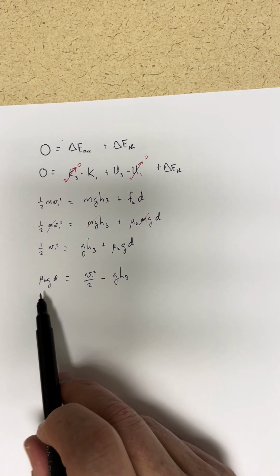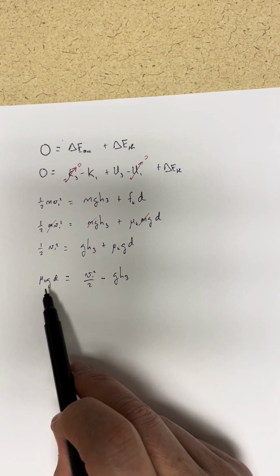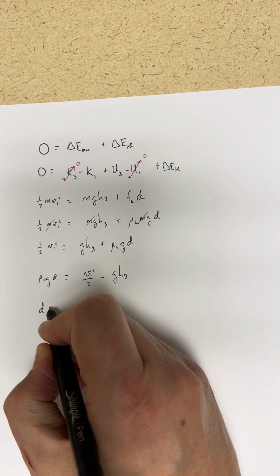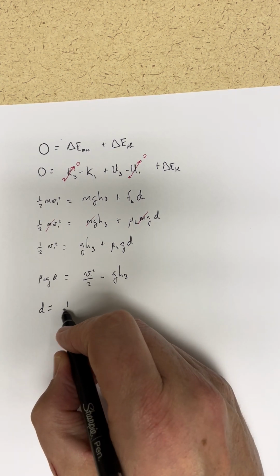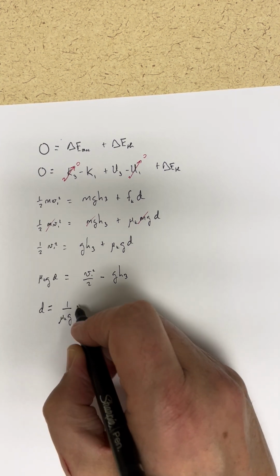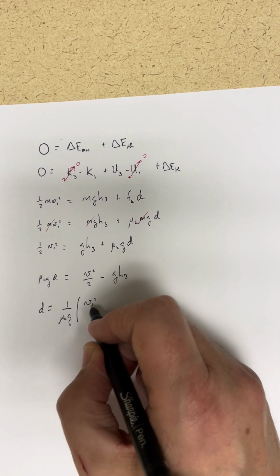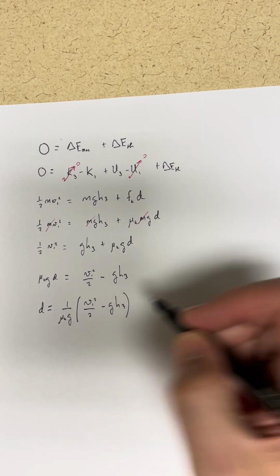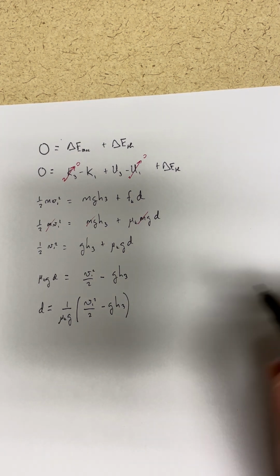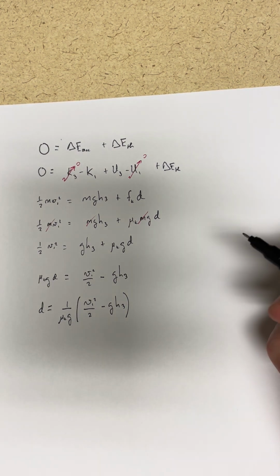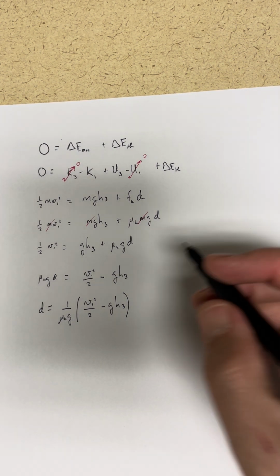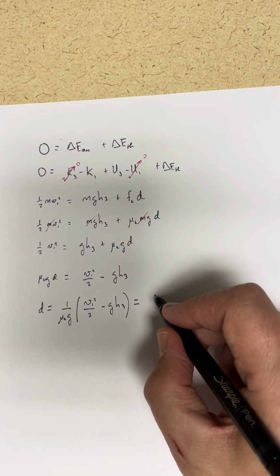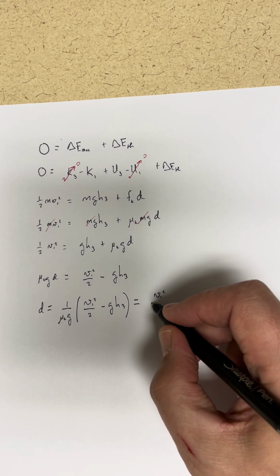And then divide both sides by coefficient of friction times g to give d by itself. 1 over mu k g times v1 squared over 2 minus g times h3. All right, and we're ready to plug in numbers. Let's manipulate just a little bit more, then get a g to cancel out.